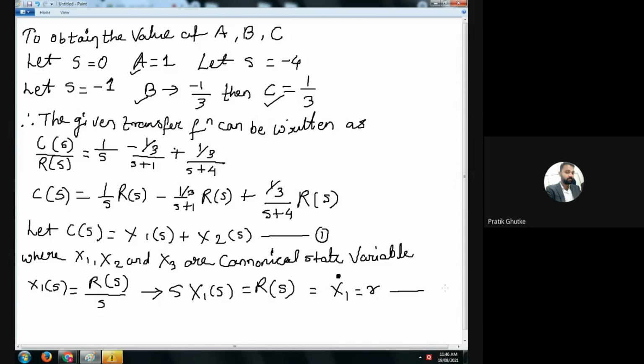This is equation number 2. Have you understood how I have made s into x1 of s as x1 dot and r of s as r, where r is the input term?